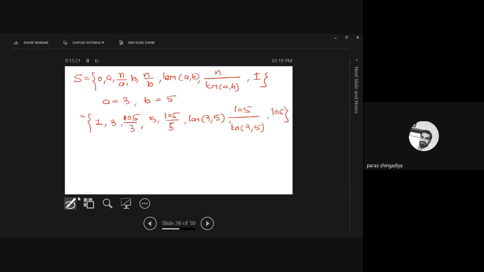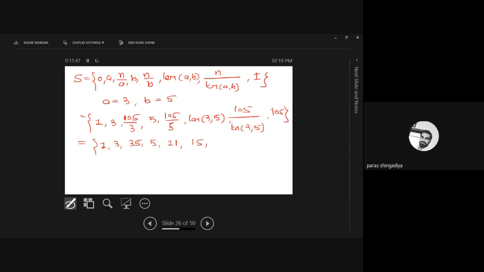Okay, so these steps you derive, and then after simplify it. So 1 is as it is, 3 as it is, 105 by 3. So that will be 35. Okay. 5 is as it is, 105 by 5. So it will be 21. Okay. Now what is LCM of 3 and 5? It will be 15. Okay. LCM of 3 and 5 is 15.